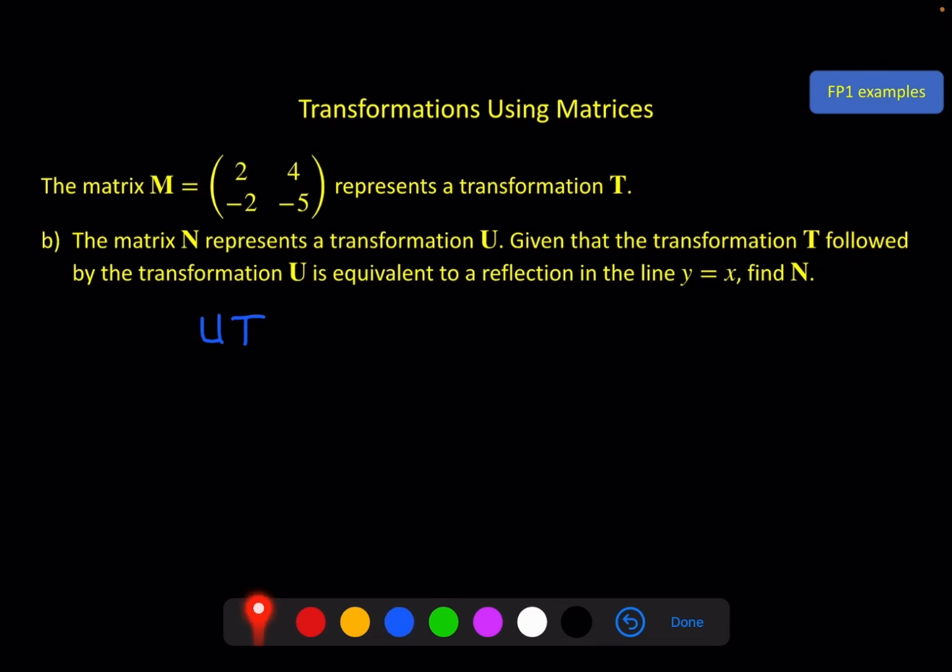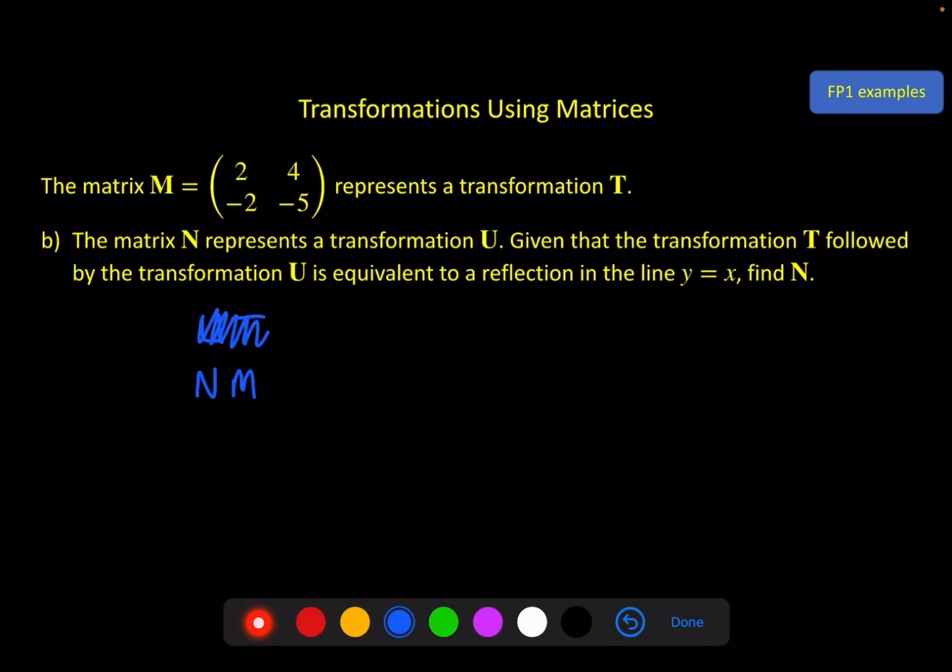We want T followed by U. I've written it like this to help show what I'm going to do, but these are not matrices, these are the transformations represented by the matrices. So what I'm actually going to be using is M followed by N, but it's kind of the same thing.